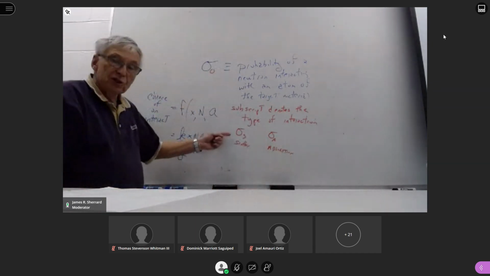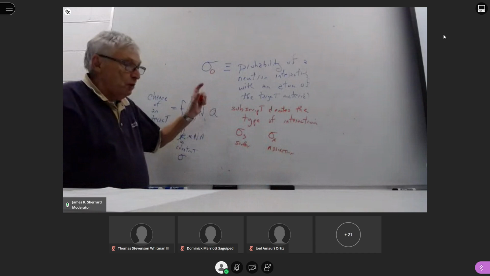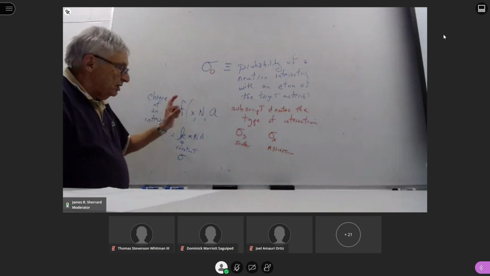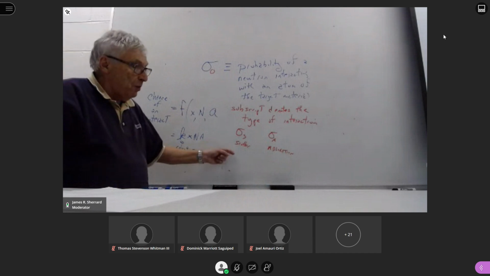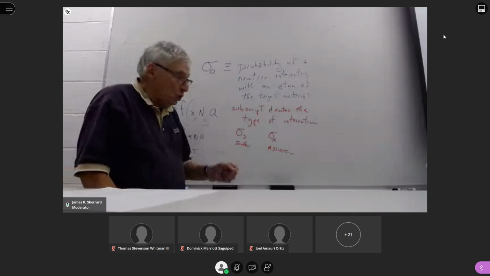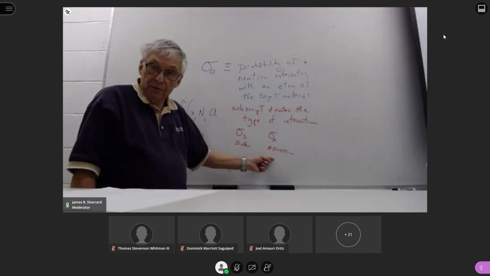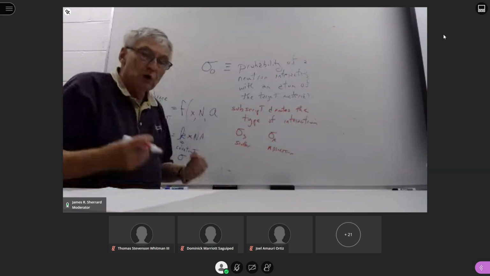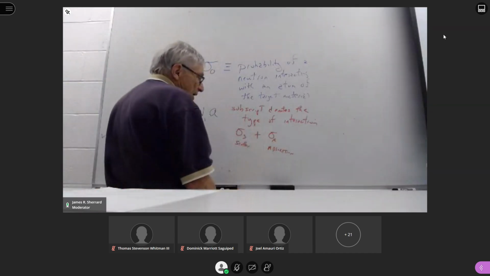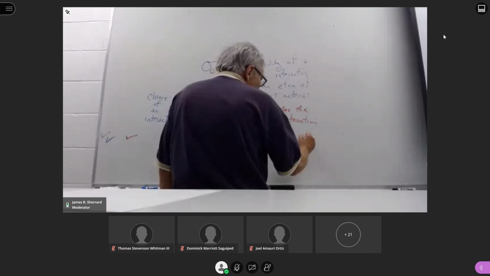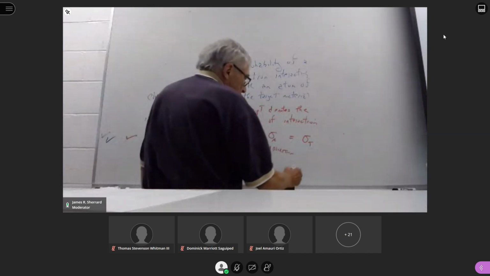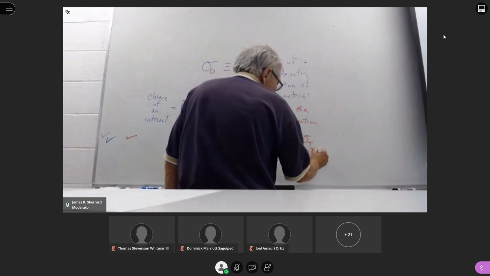And again, this is the probability of a neutron traveling through some material. We need to know its thickness, number density, surface area. There will be a probability of an interaction due to scatter. There's also a probability due to absorption. Those are the main two that you have for interactions. If we add these two together, we have sigma T, which we call the total probability of an interaction.